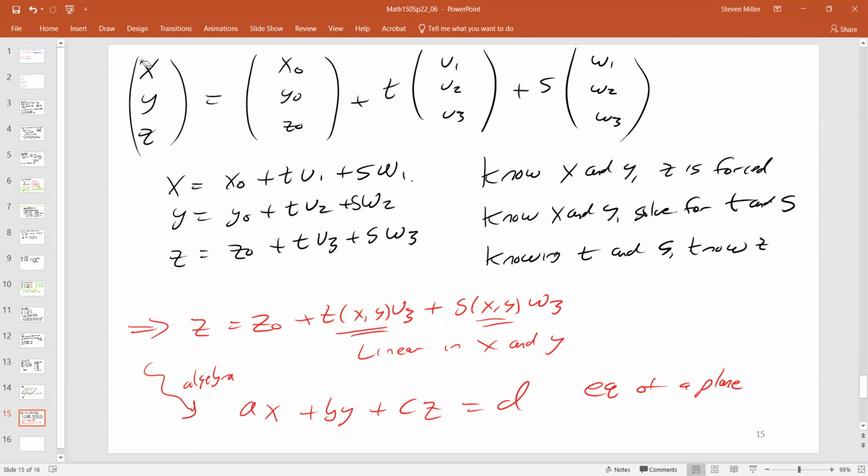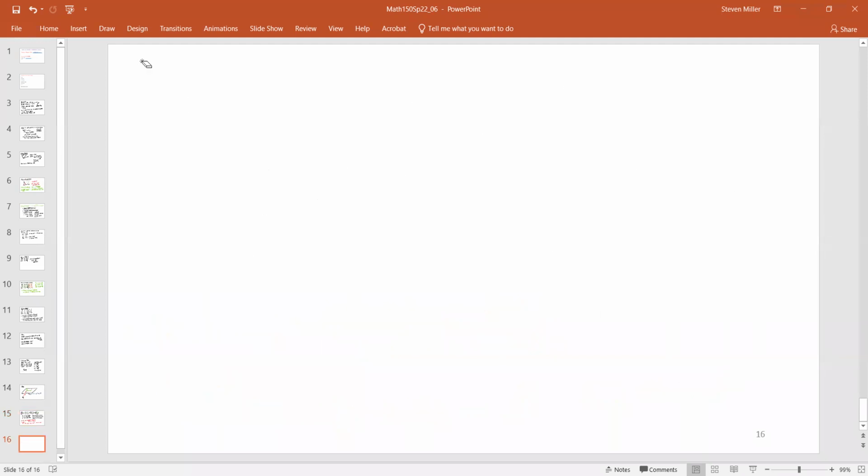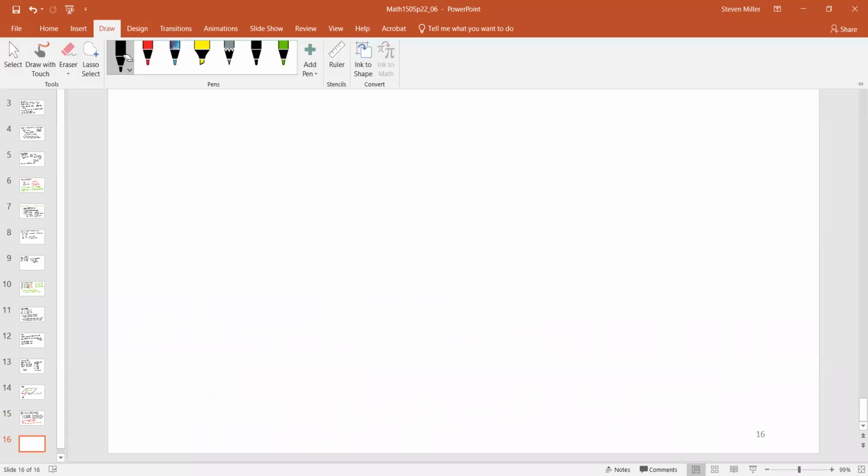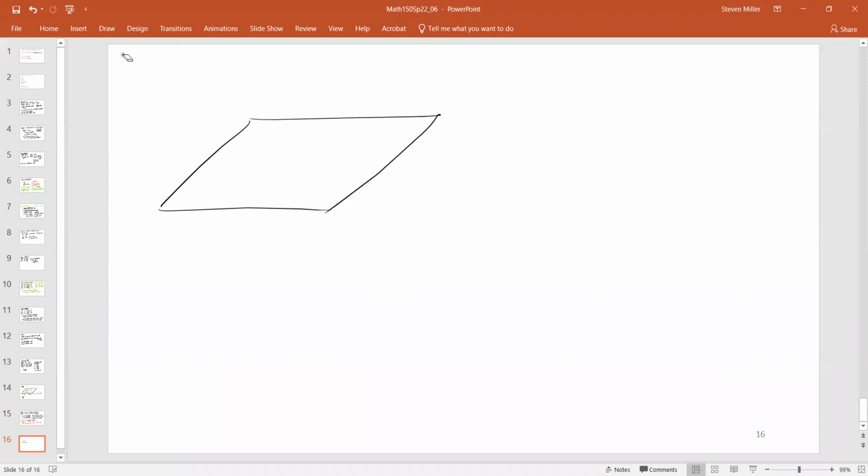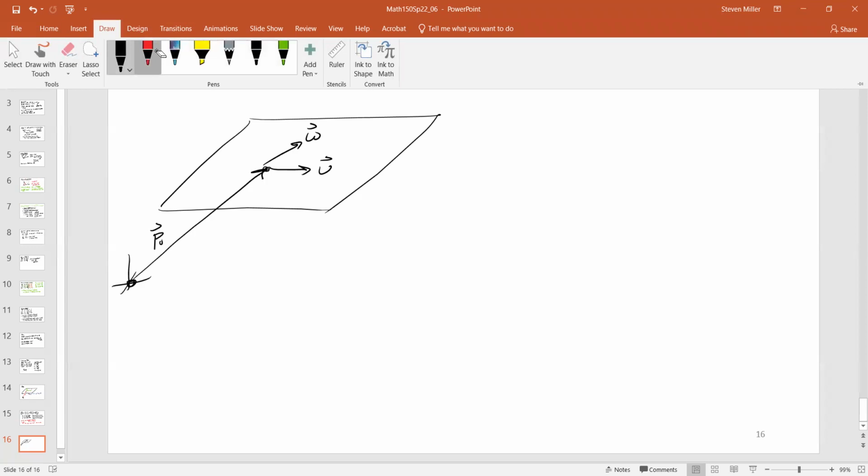And so let's think about what's going on. If I give you a plane, so here's my plane, as always, here's my point P, here's my origin. So there's my vector P naught. Here's V, here's W, and I'm going to introduce something new.